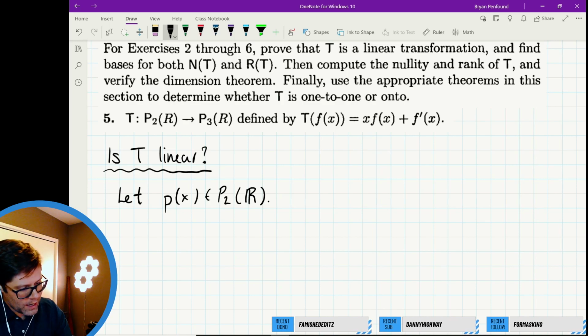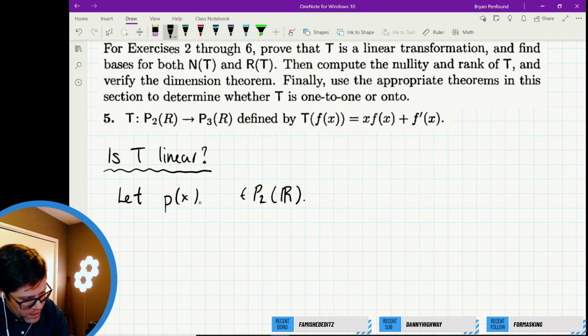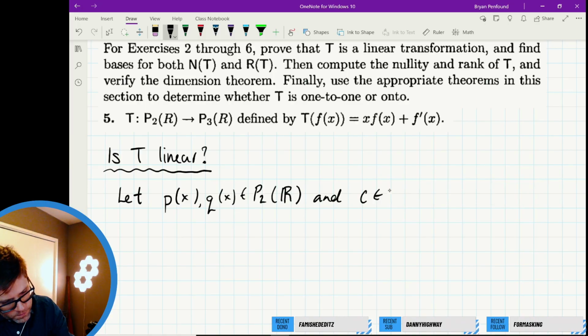Actually, don't we need a couple? Let's take a couple. Let's call them p and q. And let's see what happens to T of cp plus q.